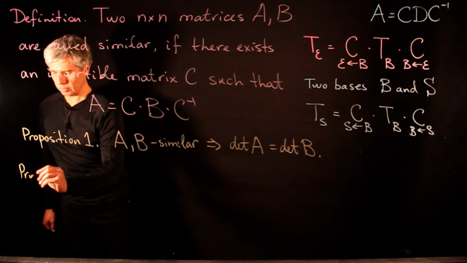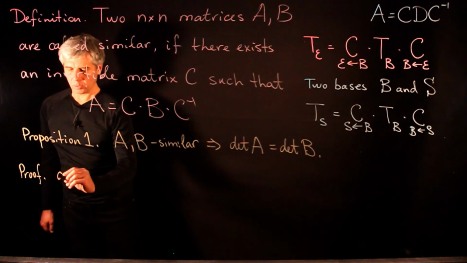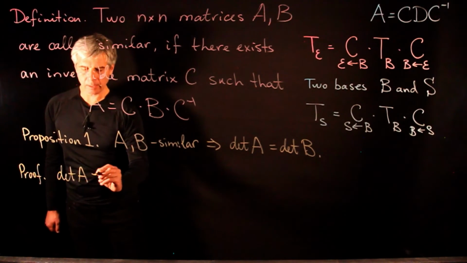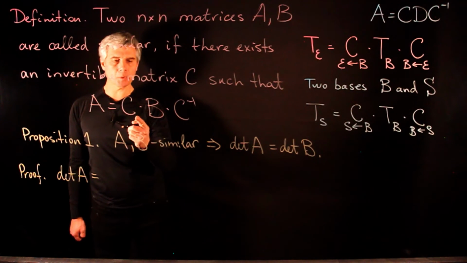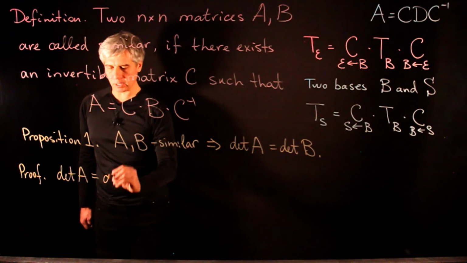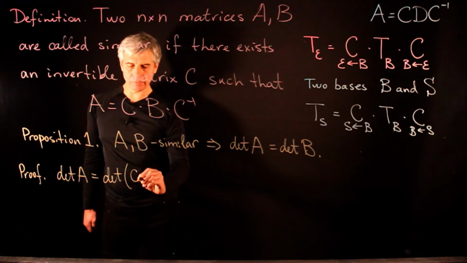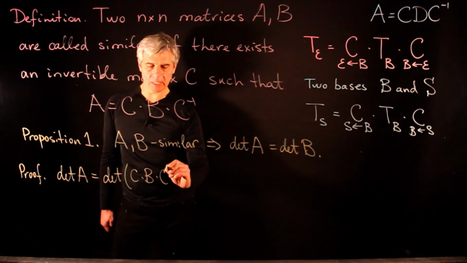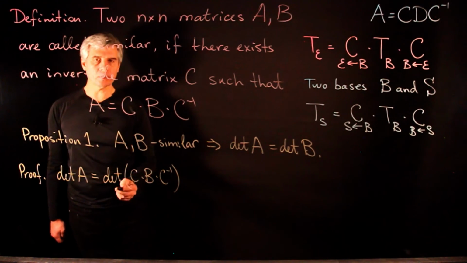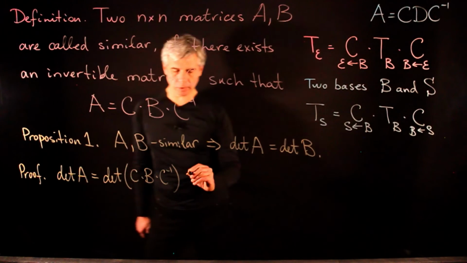Now let's give a proof. The determinant of A, since A is equal to C times B times C inverse, is equal to the determinant of C times B times C inverse. But we know that the determinant of the product is the product of determinants.